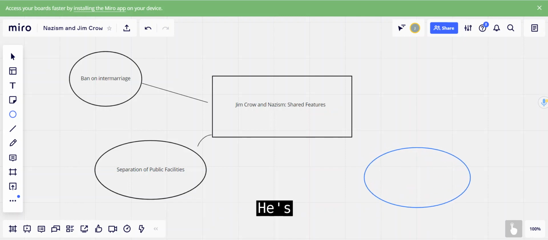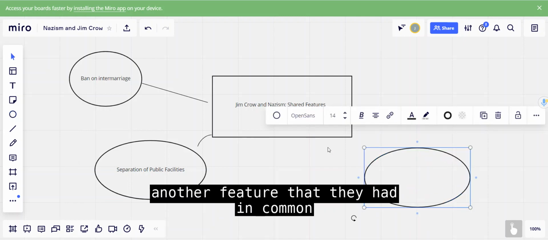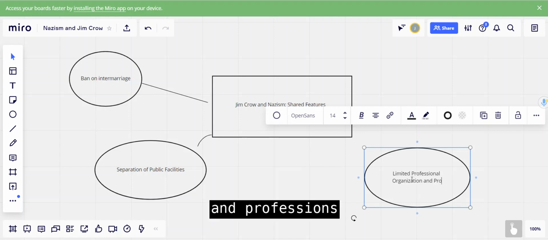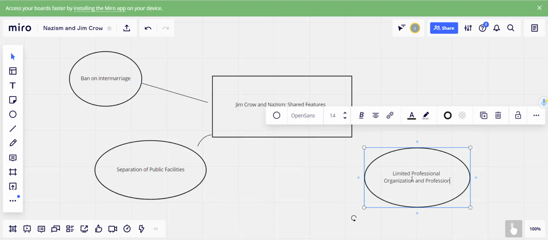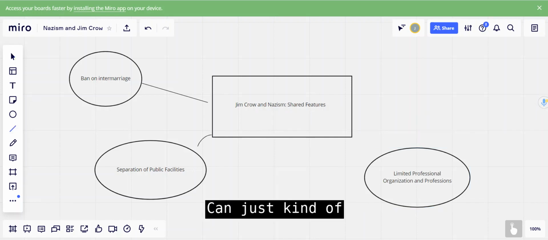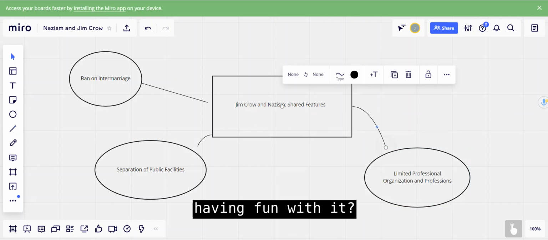Another feature that they had in common was limited professional organizations and professions. So again, you can just have fun with it, drawing things out.